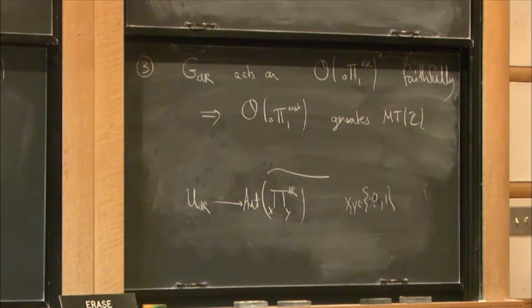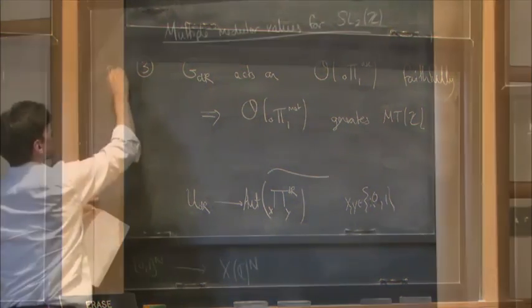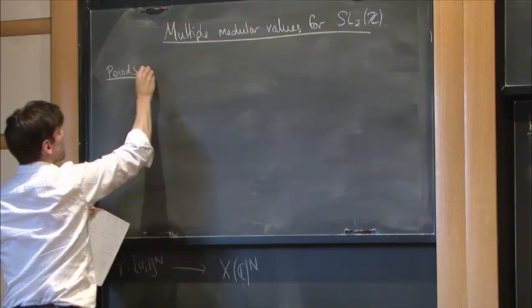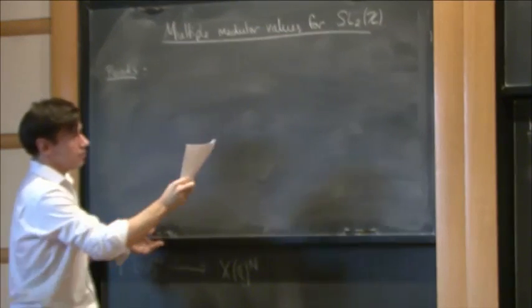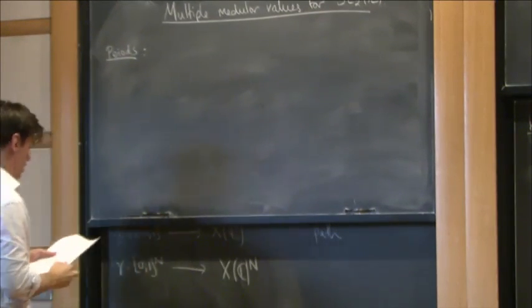So briefly, what are the periods? Periods are obtained by pairing Betti and de Rham realizations.